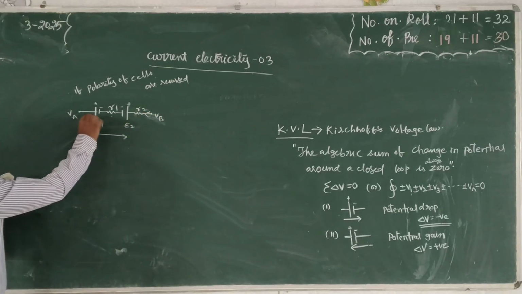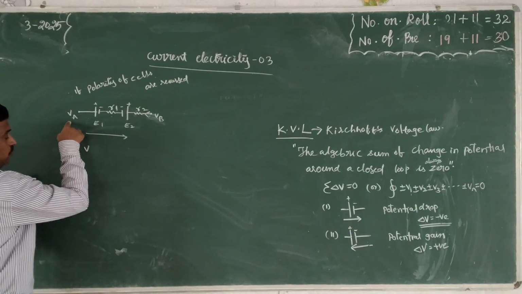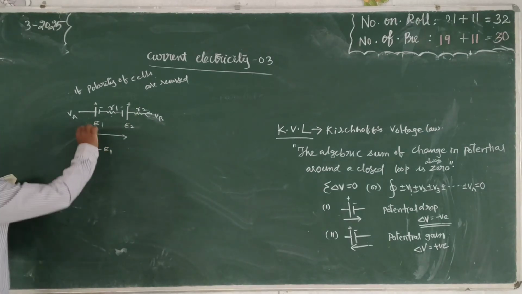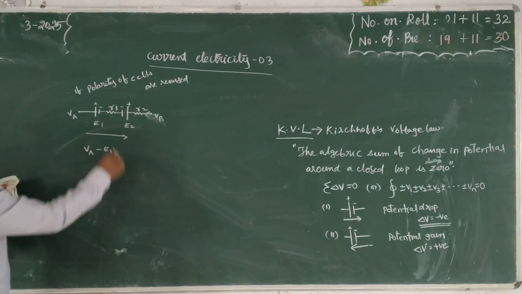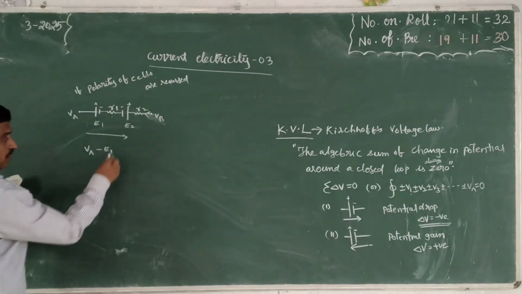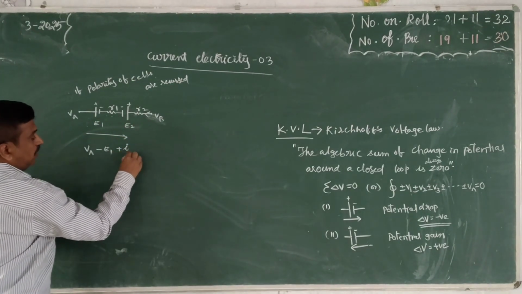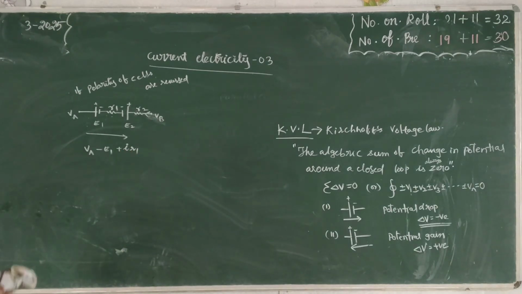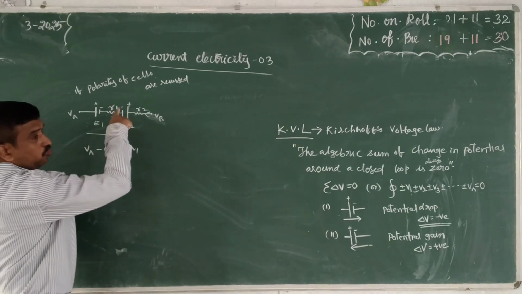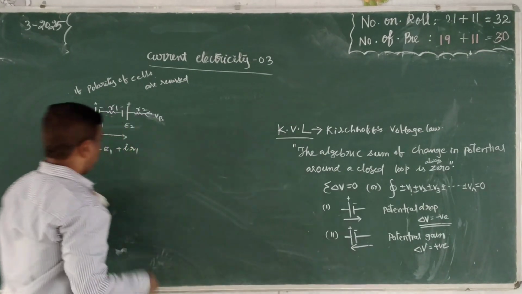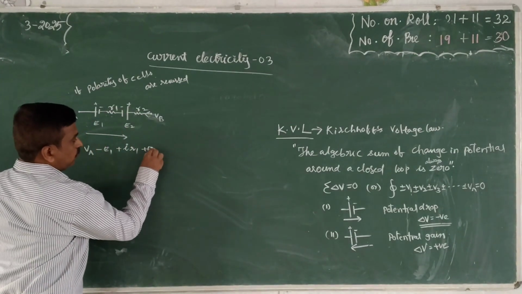Going positive to negative, we first write the potential at A, VA, minus E1, because positive to negative is a potential drop. Current direction and loop direction are opposite, so we write plus I R1, the change in potential across resistor R1. Negative to positive gives a potential gain, plus E2.